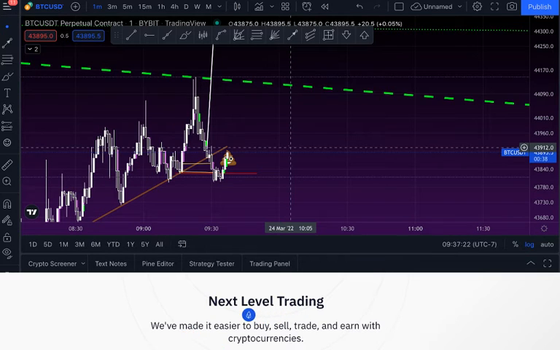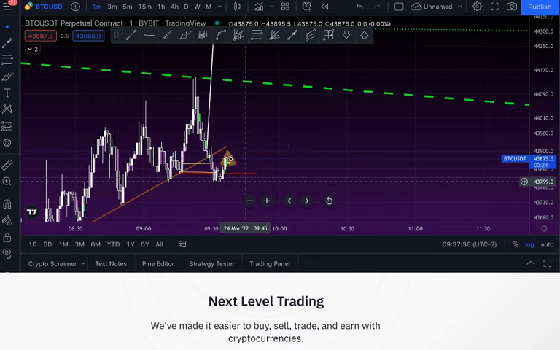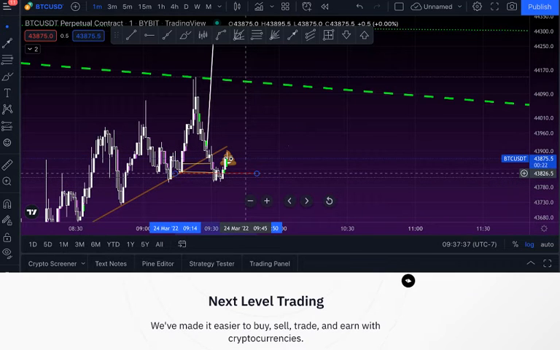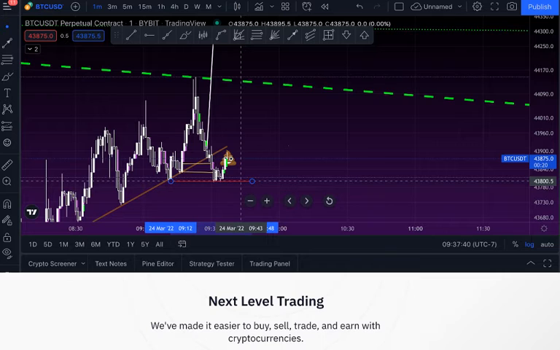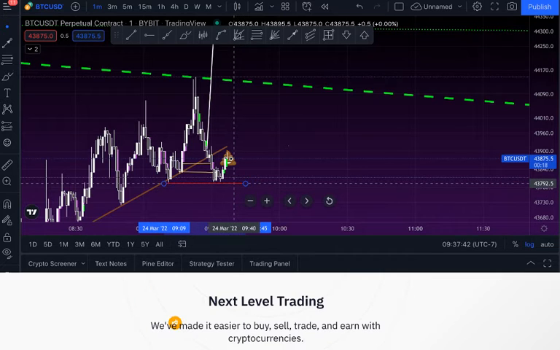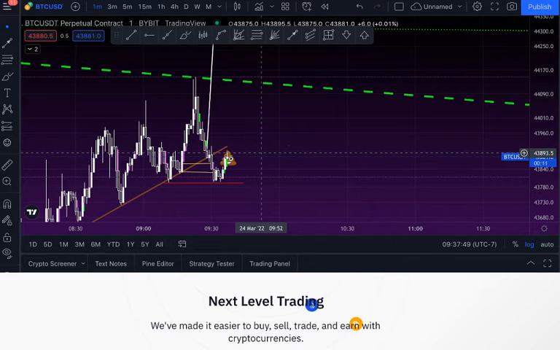Only down 1% right now. Pretty confident my original idea might have been right here. But we did break this structure. We could kind of change our bias and pretend that this was the structure break, which didn't actually happen. Yeah, I think I'll do that. I think I'll change my bias on this one.